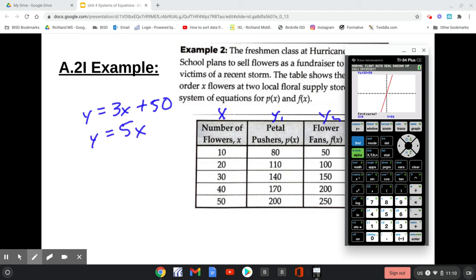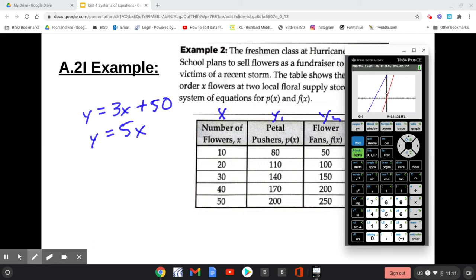Here come the lines. Okay, I can only see one, so I'm going to do the zoom. I'm going to hit zoom, 3, enter. I'm going to hit it again, zoom, 3, enter. There's our lines.